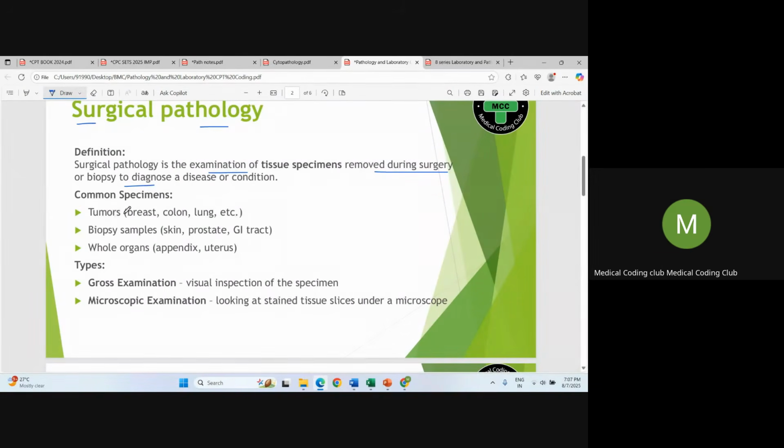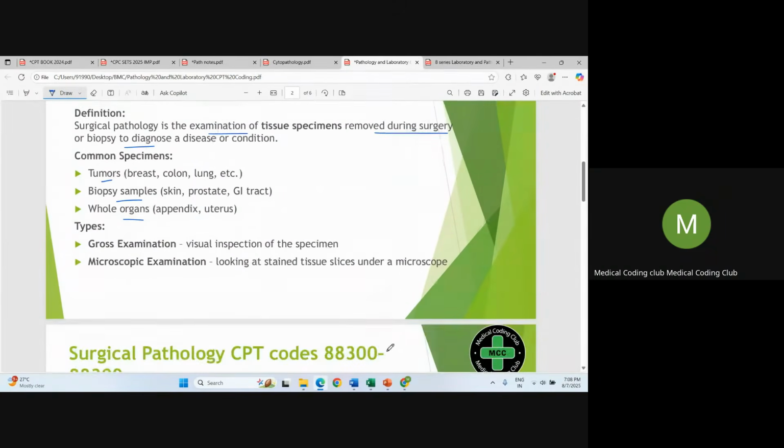Here, as you can see, it can be a tumor or a biopsy, skin biopsy, prostate biopsy, liver biopsy. In that, they may take a needle liver biopsy or wedge biopsy. There are different techniques to it. And then whole organ, like they're taking the complete kidney, or removing the complete uterus, appendix, gallbladder. All of this, the complete whole organ, comes under surgical pathology.